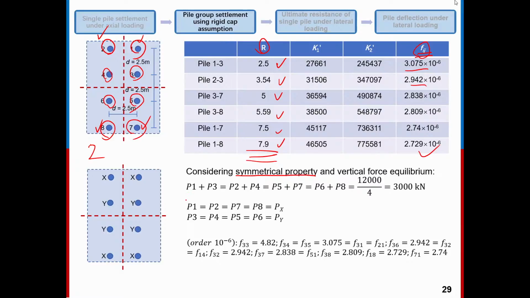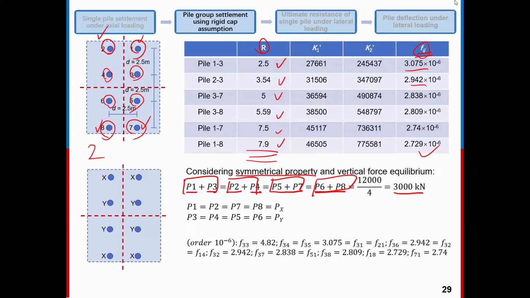So P1 plus P3 is equal to P2 plus P4, and these are the same. The total force is equal to 12,000, so for each section, the total force is equal to 3,000 kilonewton.